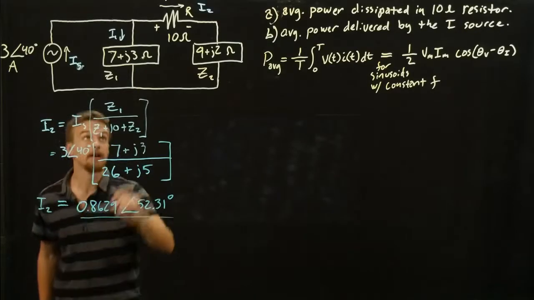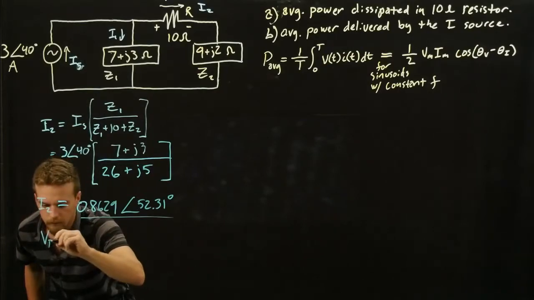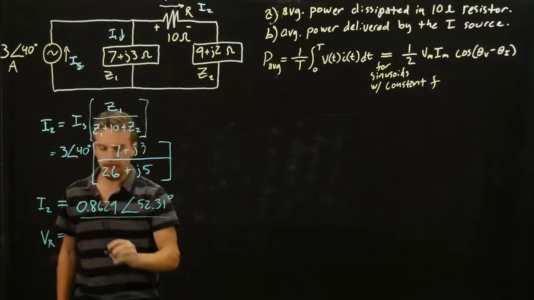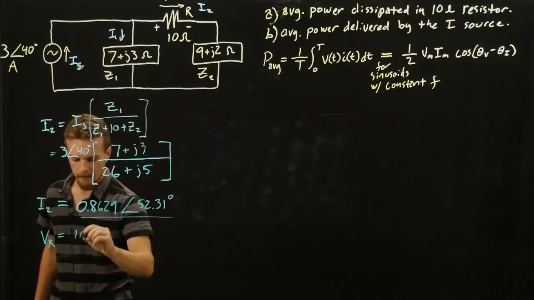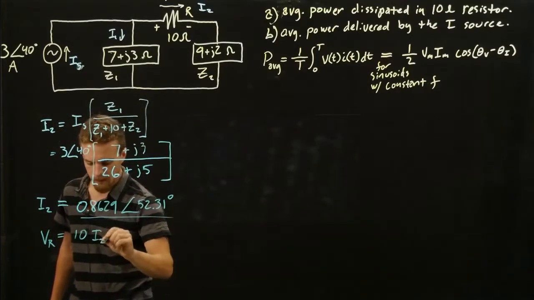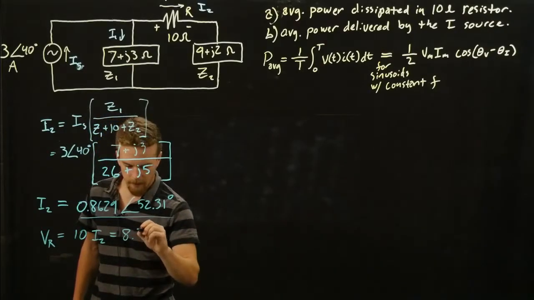Let's say that the voltage here, we'll call it VR. VR is equal to the resistance times the current through it, and what is that? That'd be 10 times I2, and that would be equal to 8.629.